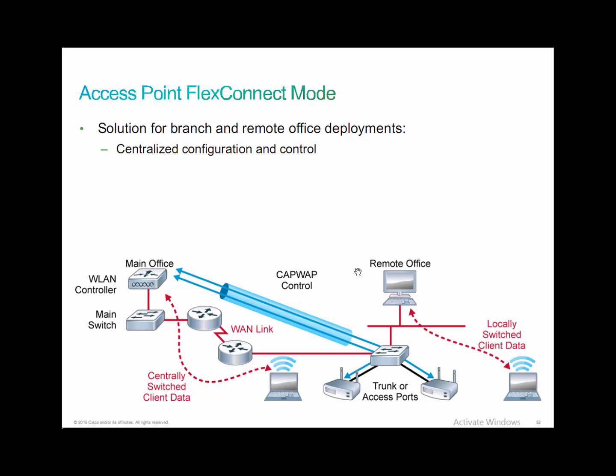If the controller is available and you've configured the process, all the traffic gets tunneled back to the controller. But if connectivity to the controller is lost, the FlexConnect AP can then automatically start switching client data traffic and perform client authentications, because that's another very important concept, locally on the AP.